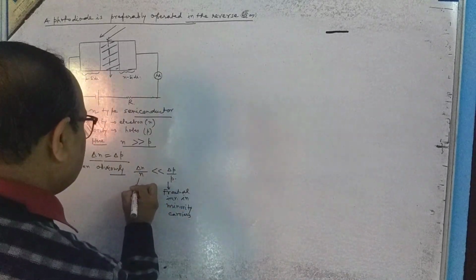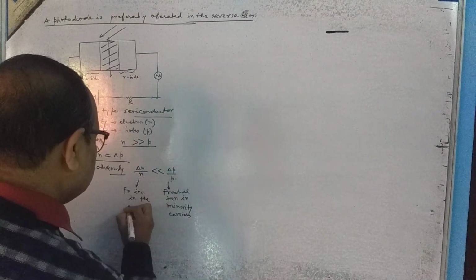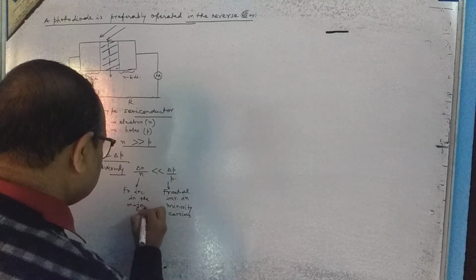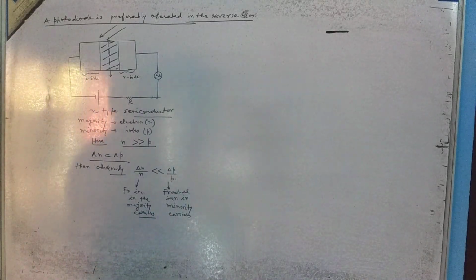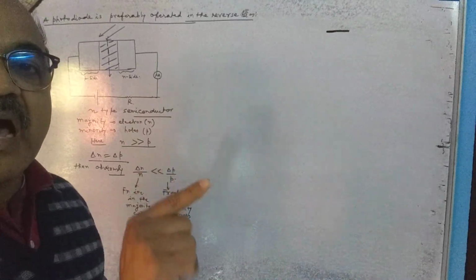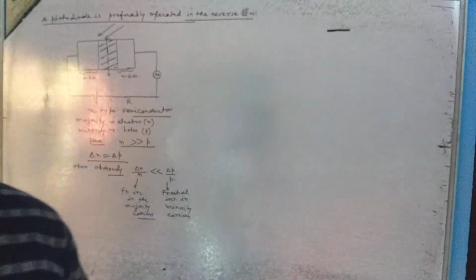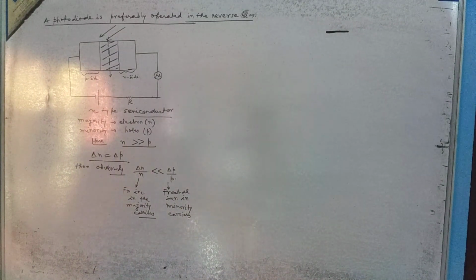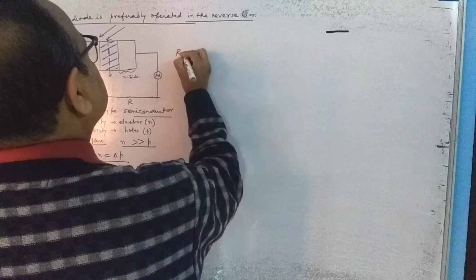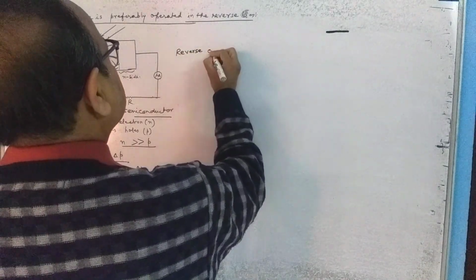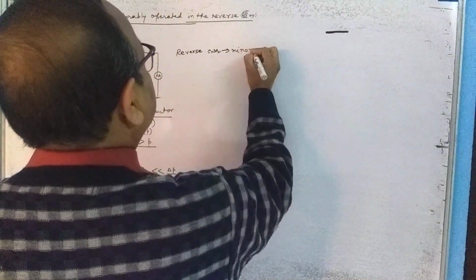Okay. And this is the fractional increase in the majority carriers. I just tell you here, the reverse bias current is mainly due to the minority carriers. In any diode, you must know, the reverse current is mainly due to the minority carriers.